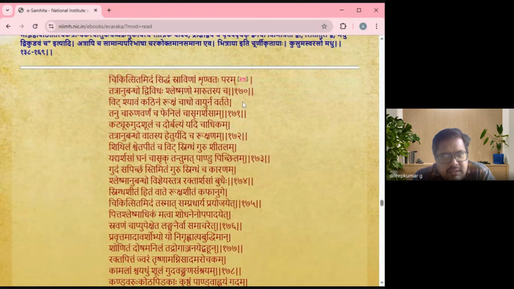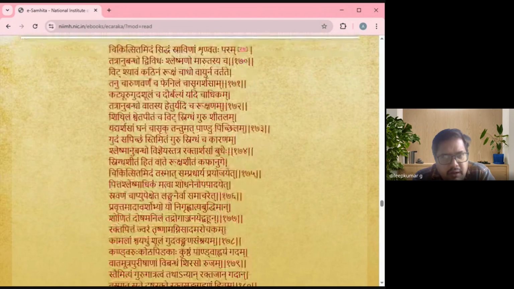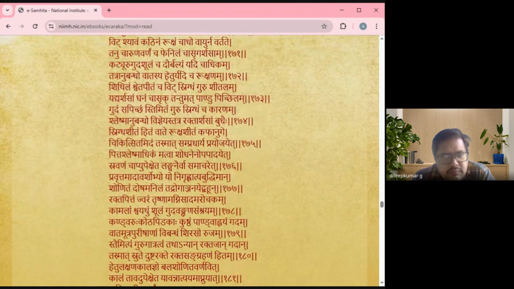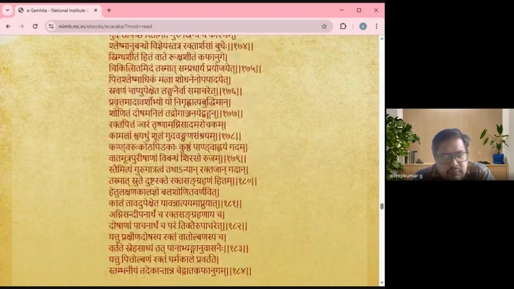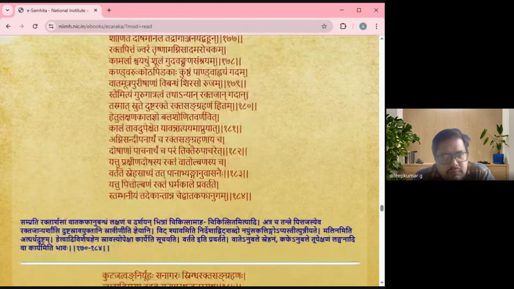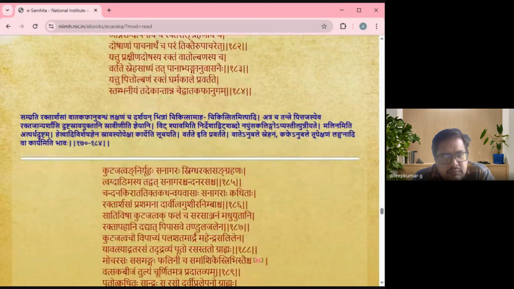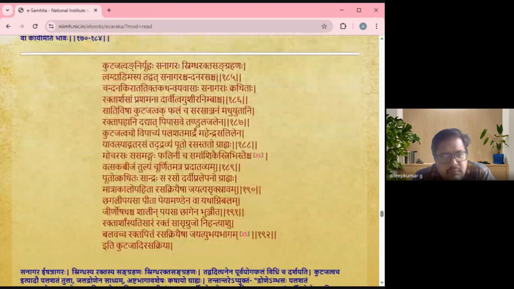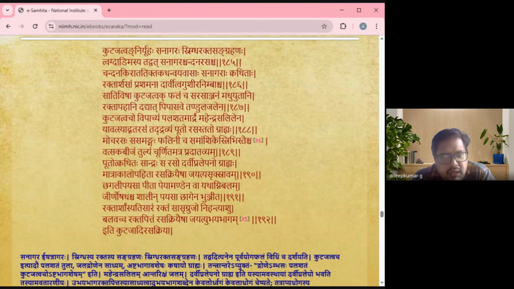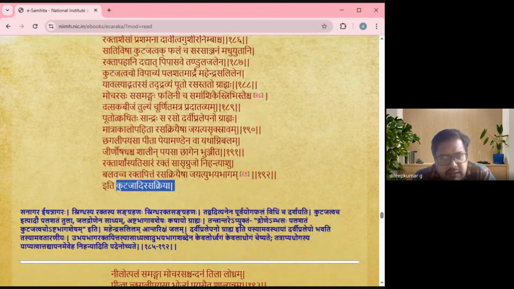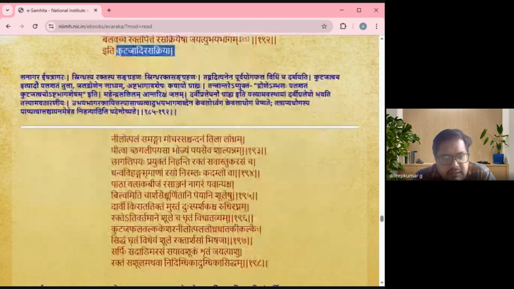From sloka number 170 onwards, here it is the treatment of Ardra Arshas, Stravi Arshas. Kutajadi Rasakriya or Kutaja Arishta is utilized for Stravi Arshas, bleeding piles. Rakta Arsha Atisaram Raktam Sasruju Nihantya, that is Kutaja and the Rasakriya.